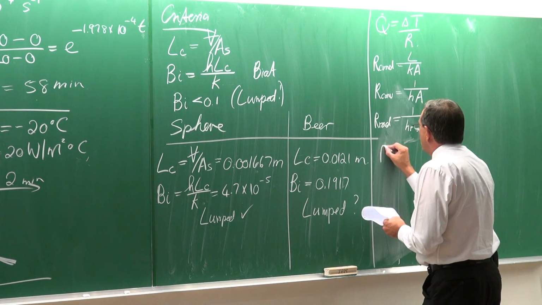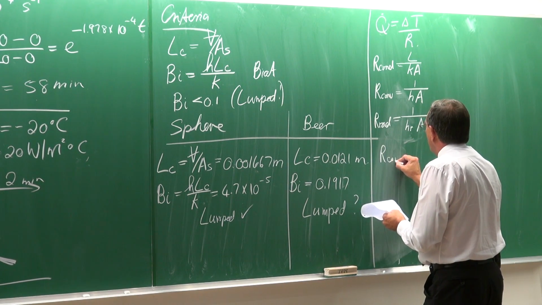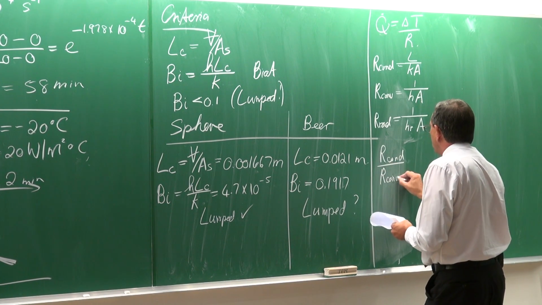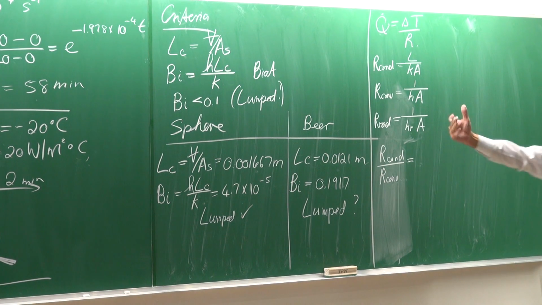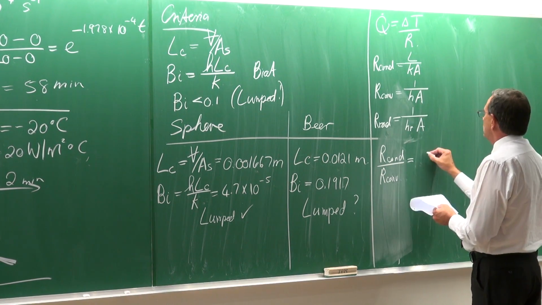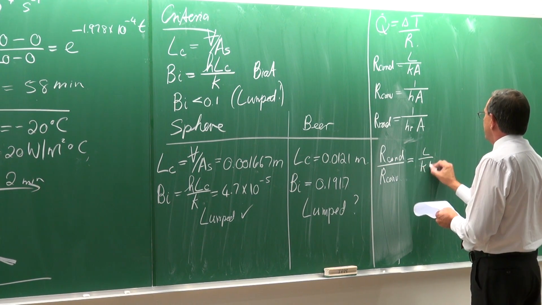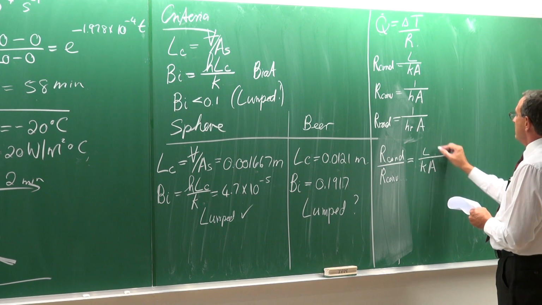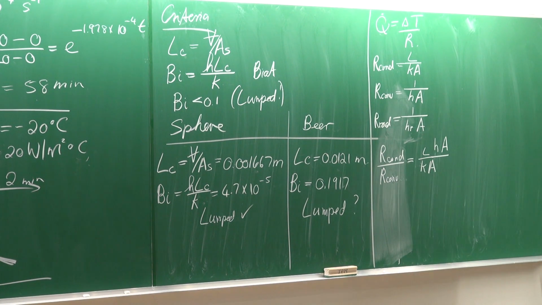Right, now let's look at the ratio of conduction resistance to convection resistance. The conduction is equal to L divided by kA. The convection is equal to 1 divided by the heat transfer coefficient multiplied by the area.